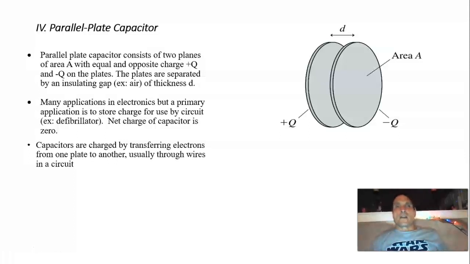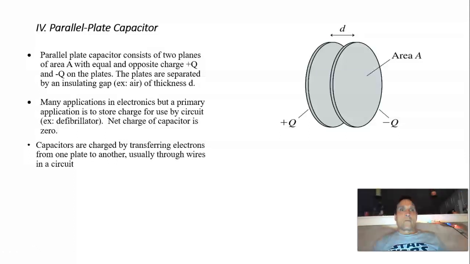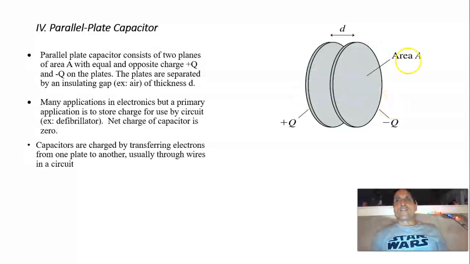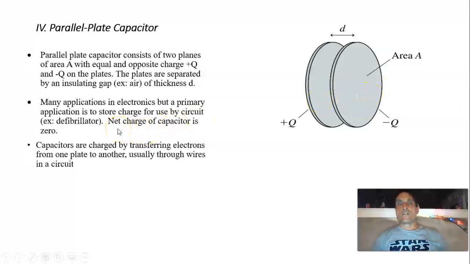There are a lot of applications of capacitors that we're going to be getting into in a few chapters. But one of the primary uses for capacitors is they're used to store charge. In other words, they're used to store electrical energy, which can later be given back to the circuit. One example is a defibrillator, which is used to shock somebody's heart, hopefully get it back beating.